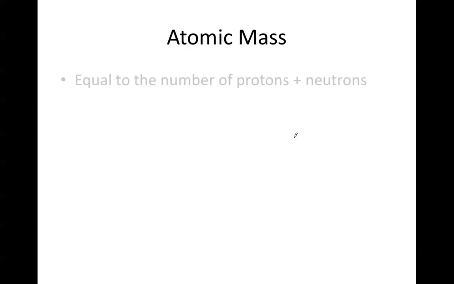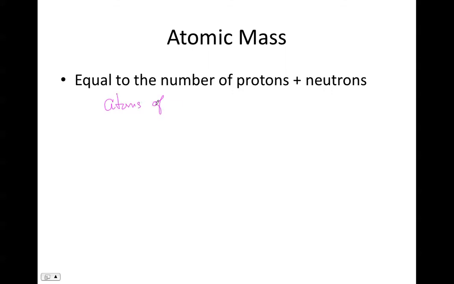Okay? Now, so there we go. Atomic mass is equal to the number of protons and neutrons. Atoms of the same element always have the same number of protons.